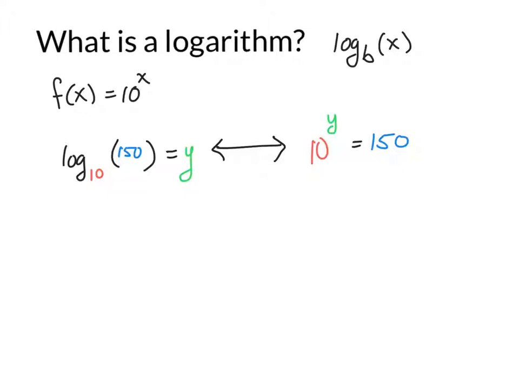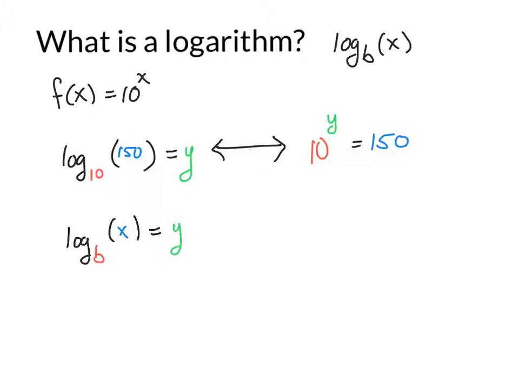So in general, the way that we define a logarithm is this. We say log base b. Now we're going to do any base b. So log base b of x is equal to y.